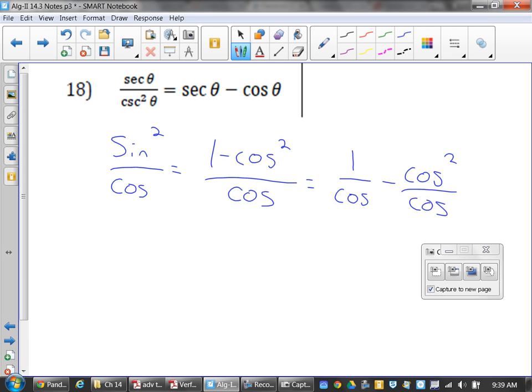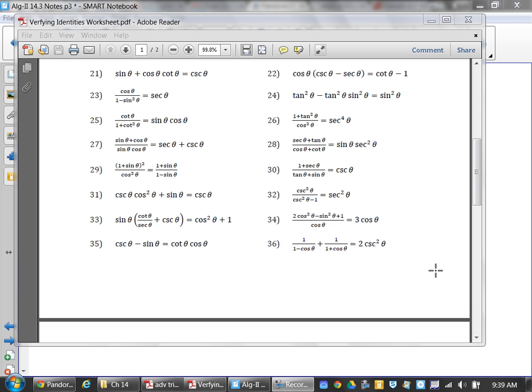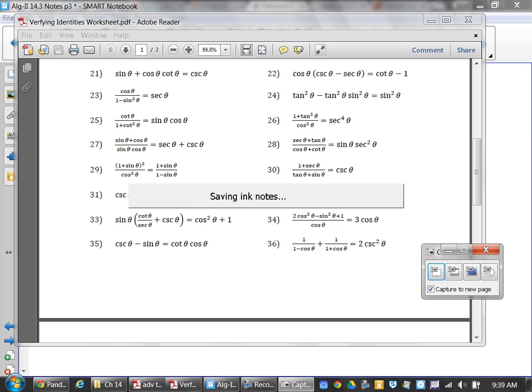What do you got? Number 30. Oh, that's another one of those nasty ones, because you have to break them into multiple fractions. There'll be a few like this.